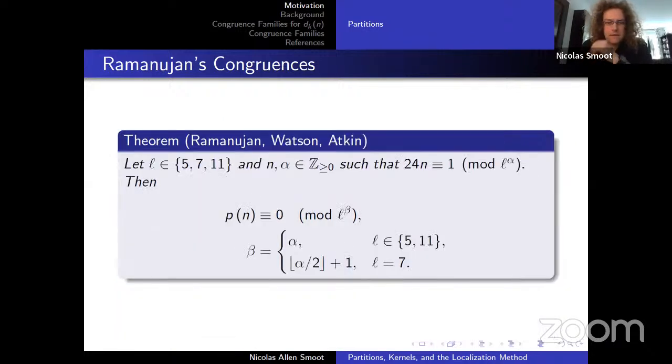And the more general theorem I'm giving you here, that P of n is divisible by L to the beta, where L is the prime 5, 7, or 11, and beta is this result that you see here. This little interesting wrinkle in the case that L is equal to 7. As we all know, Ramanujan missed that one little bit. Otherwise, his congruence families were absolutely correct.